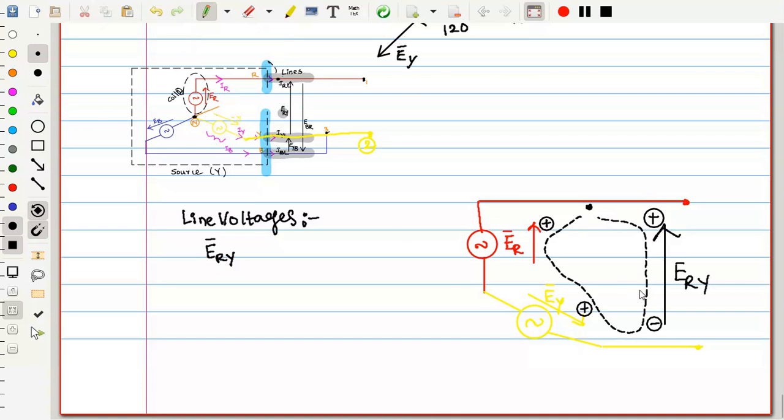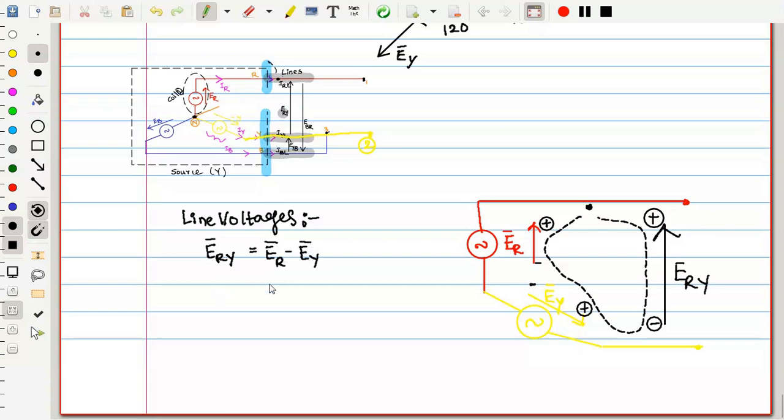In this path, what are the voltages? Plus ER minus EY minus ERY is equal to 0. Then can I write ERY as ER minus EY? ER phasor minus EY phasor. Whenever we add things up, don't add magnitudes. You will get wrong things. You should consider addition of the phasors, not simply magnitudes.